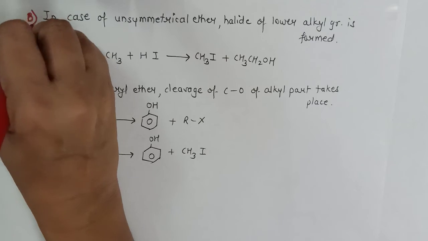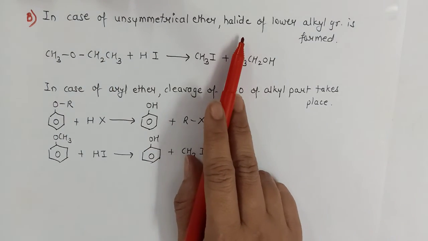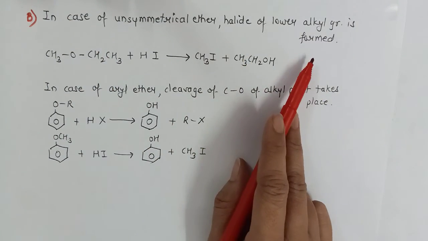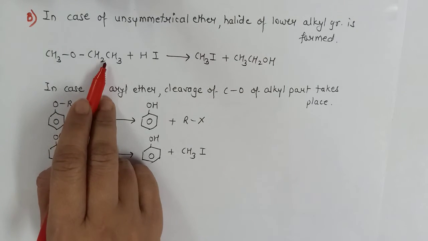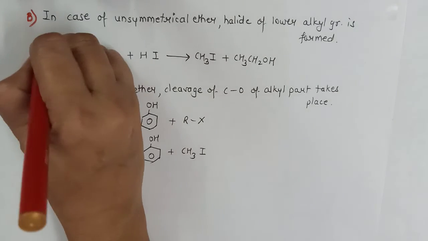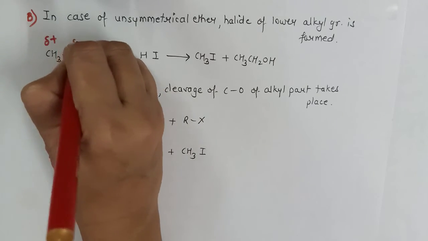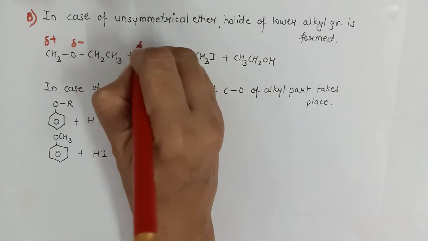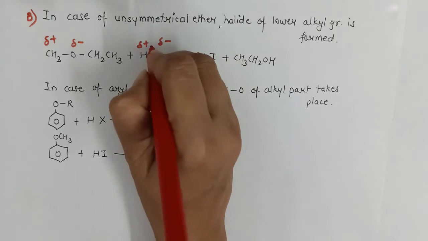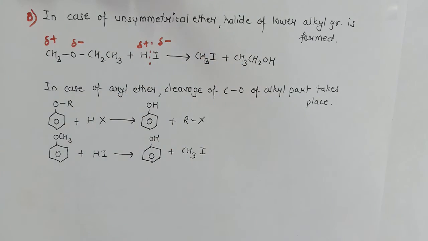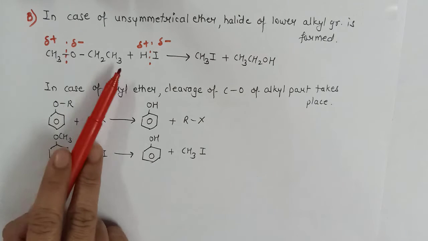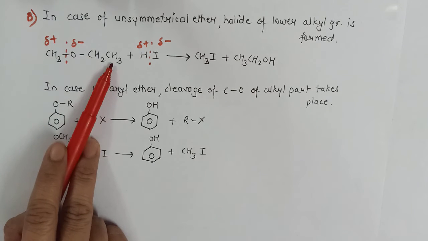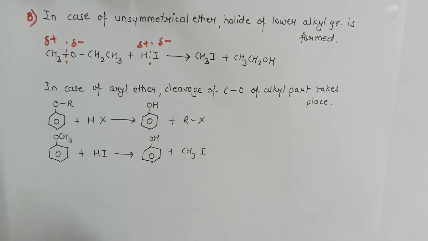The second condition: in case of an unsymmetrical ether, the halide of the lower alkyl group is formed. So suppose I am using ethoxyethane, the separation of the charges, the cleavage between the hydrogen and halide part, and the cleavage between the lower alkyl group and the ethereal oxygen along with the larger alkyl group.